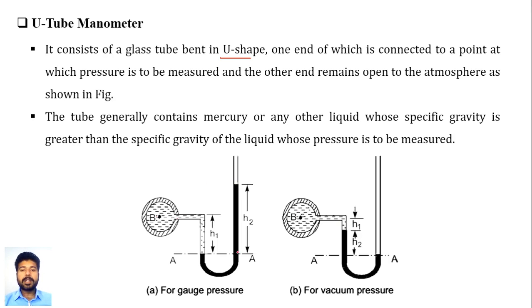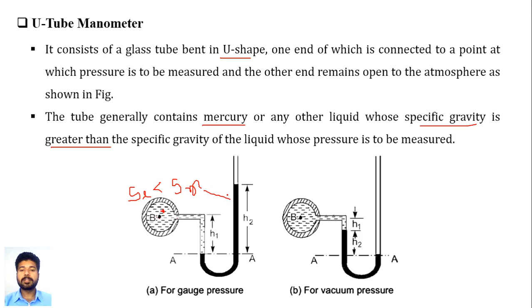The U-tube manometer contains mercury. Over here you can see that there is a dark portion in this U-tube manometer which is mercury, that is the heavier liquid, or we can say the one whose specific gravity is greater than the specific gravity of the liquid whose pressure is to be measured. Like if we say the specific gravity of this liquid is SL, which is less than the specific gravity of mercury.